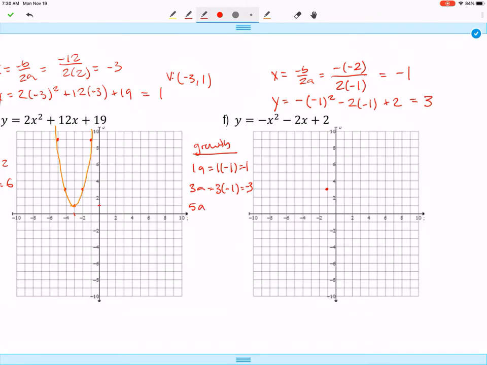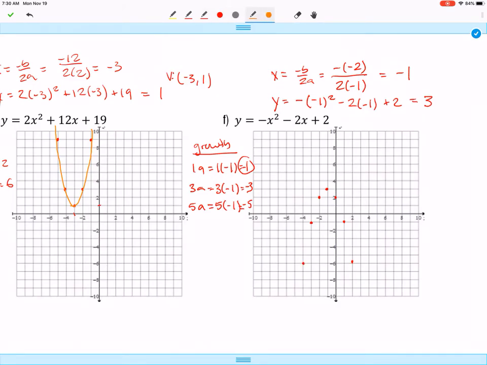Like I said, you just need to have 5 points. So that'll give us 5 times negative 1 is negative 5. Alright, so we'll go over 1. And since this is a negative 1, we'll go down 1, both sides. And then we'll go over 1, and then we'll go down 3. And then we'll go over 1, and we'll go down 5.